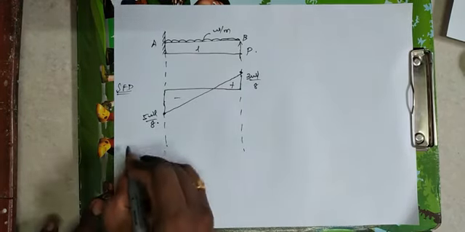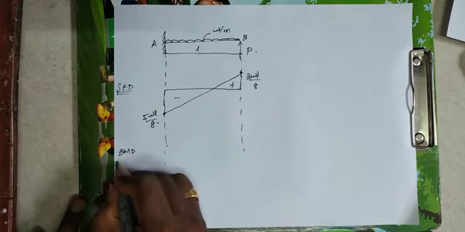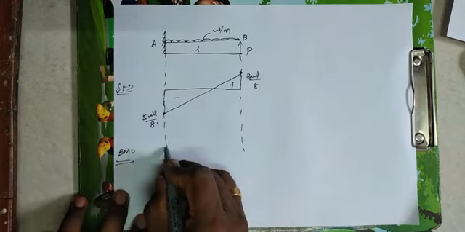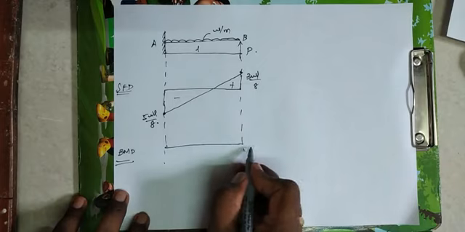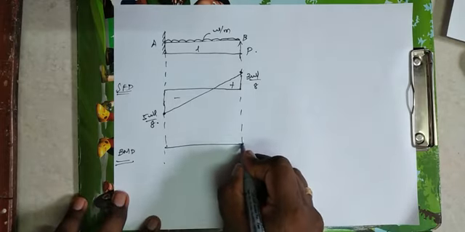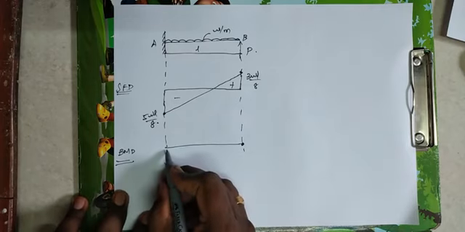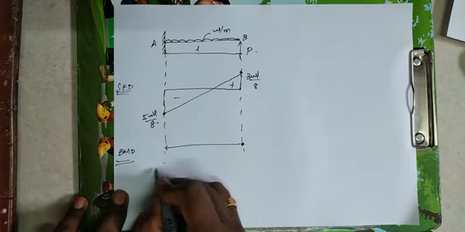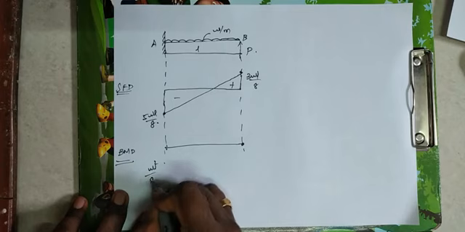Likewise, we need to draw the bending moment diagram also. Again draw a reference line. We know bending moment at B is 0 and bending moment at A is minus WL square by 8.